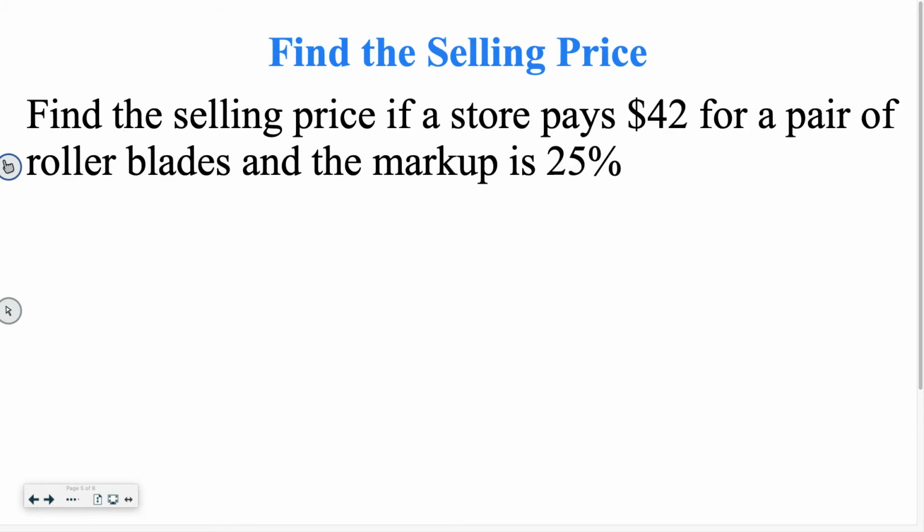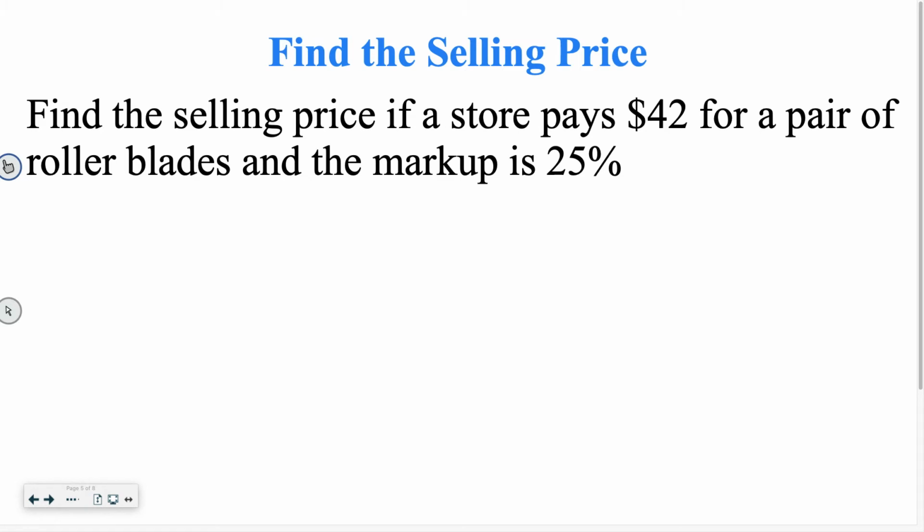Next, let's practice finding the selling price. Find the selling price if a store pays $42 for a pair of rollerblades and the markup is 25%. Okay, so the way that we do that, first of all, we have to figure out the total percent that a customer is paying.